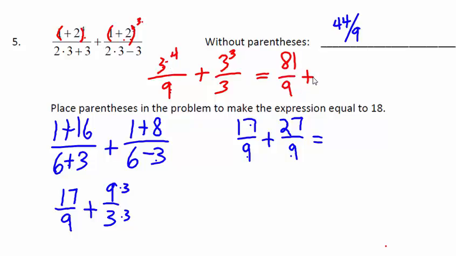For the second fraction, 3 times 3 times 3 is 27 over 3. Well, 81 divided by 9 is 9. And 27 divided by 3 is also 9. Together that would give you 18, which is what we're supposed to get. So our parentheses can go around the 1 plus 2 in each of the numerators.